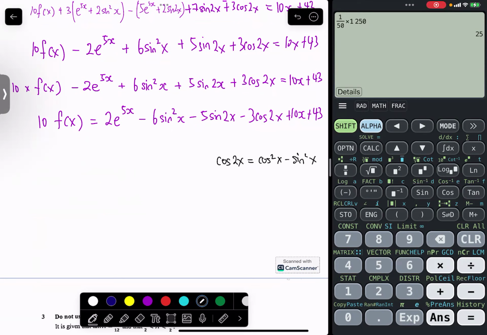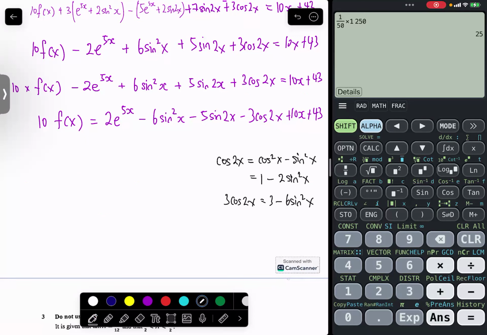Okay, so it's also equal to 1 minus 2 sine square x. So I actually can have this as 3 cos 2x equals 3 minus 6 sine square x.